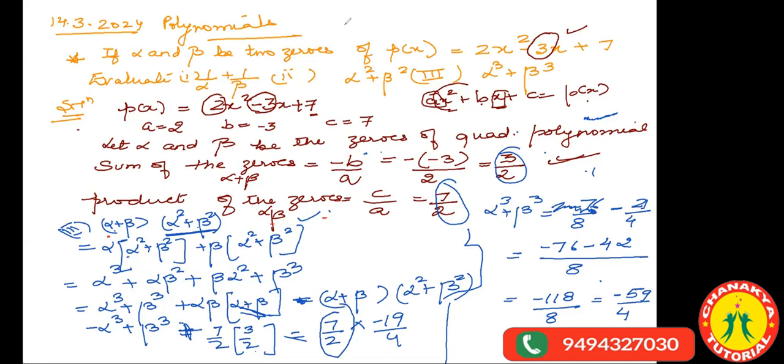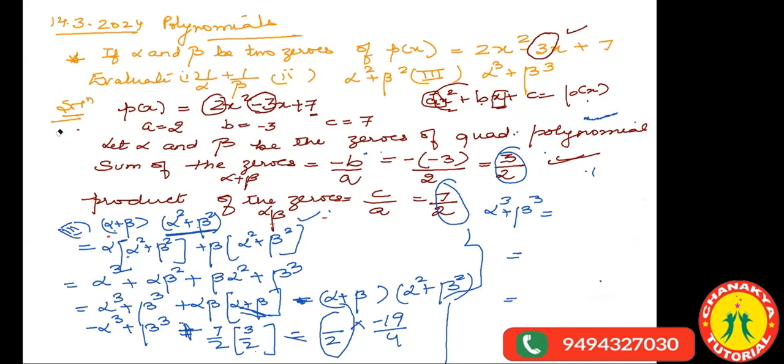Yes, good. 3 by 2, not minus. So here it should be 3 by 2. So here I'm writing 3 by 2.